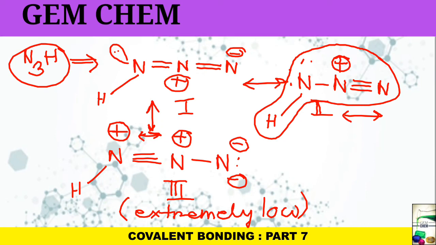But for N3H, that is hydrazoic acid, only structure 1 and 2 will be highly contributing. The structure 3 will have weaker contribution since the positive charges as well as the negative charges are very close to each other. Thus, the extent of delocalization in the hydrazoic acid is weaker compared to N3 minus, and thus hence N3 minus is more resonance stabilized than hydrazoic acid, right?